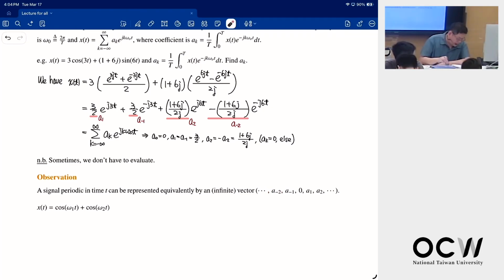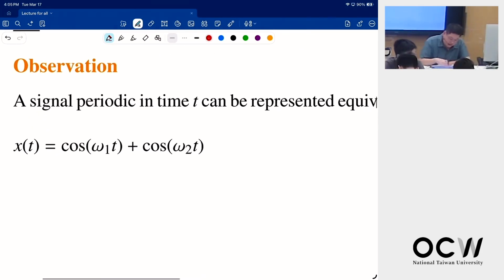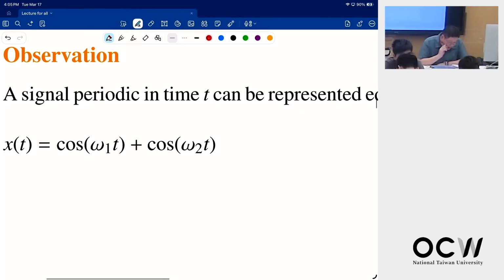Next, we want to learn that if I have two different frequencies, x is cosine omega 1 t plus cosine omega 2 t, is this signal x periodic? Or what kind of conditions can we say that x is periodic? First, if I have cosine omega 1 t, what is the period?